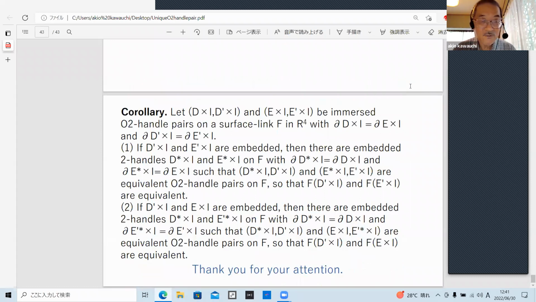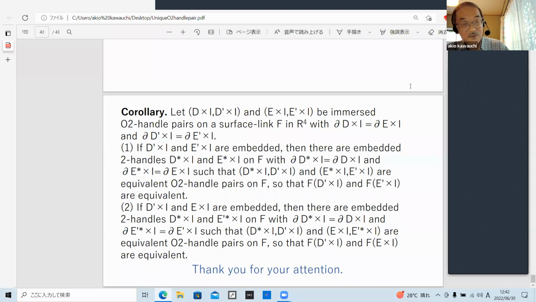So the corollary is: also a handle pair D cross I, D dash cross I, and E cross I, E dash cross I, immersed, also a handle pair on F with a boundary, on a surface link with the same boundary.